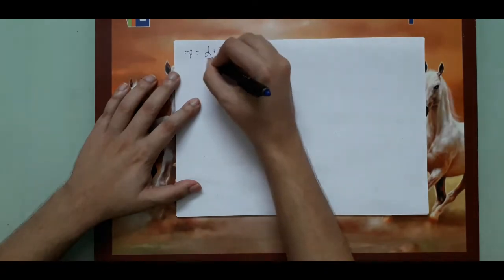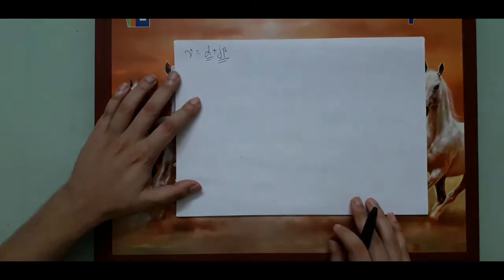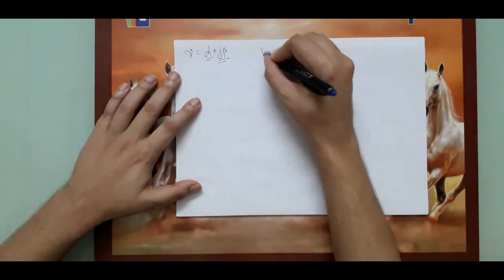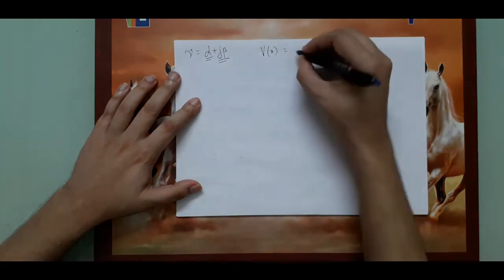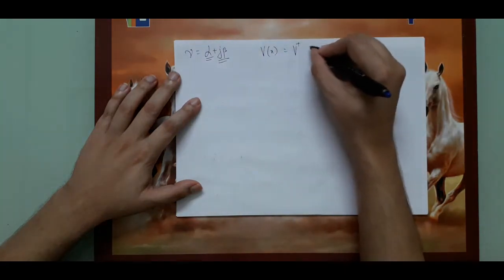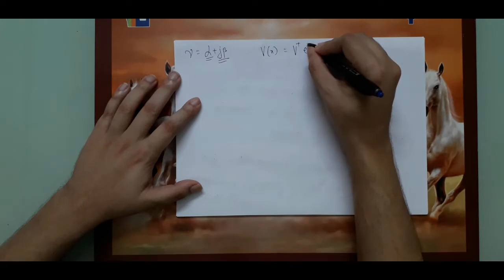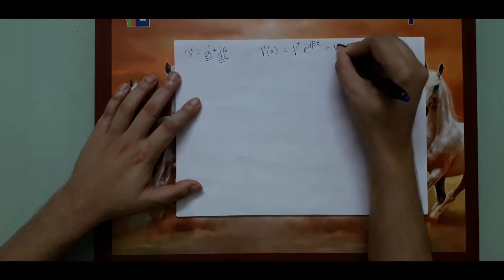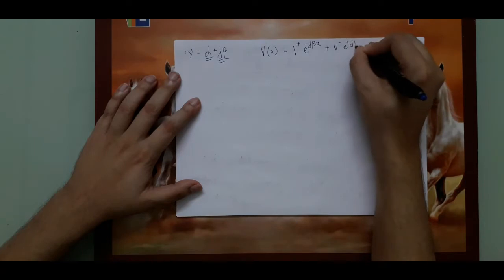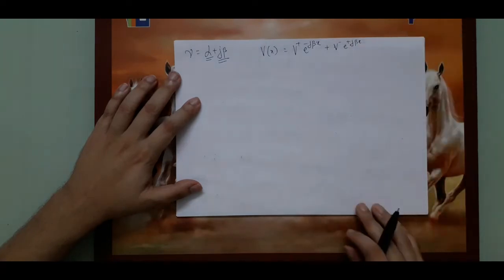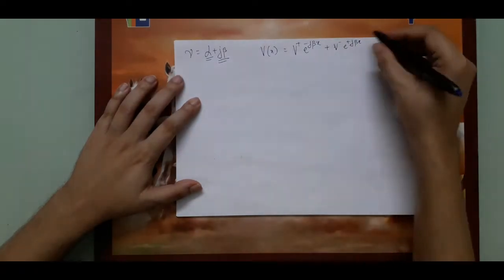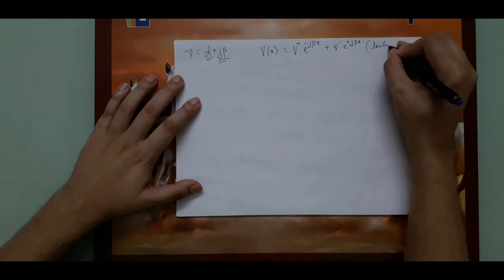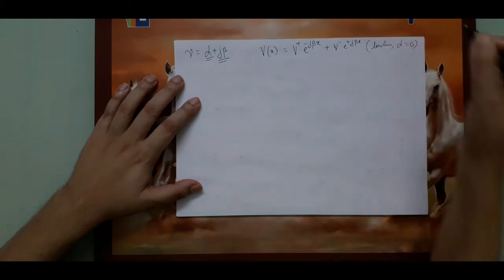So it had some real part and some imaginary part. But for a lossless line, if you notice, the V of x was something like this. So over here, for lossless, we have alpha equal to 0.